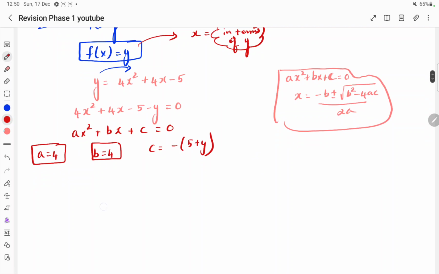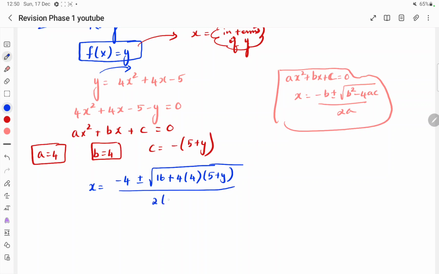So now I can directly use the formula. x will be equal to minus b, which is minus 4, plus or minus root of b square, which is 16, minus 4 into a, which is 4, and c is minus, so minus into minus plus 5 plus y, divided by 2 times a, 2 into 4.